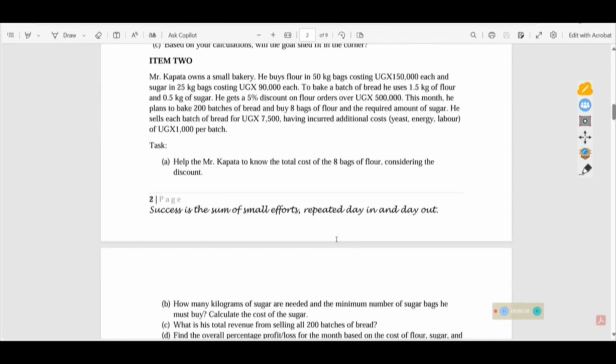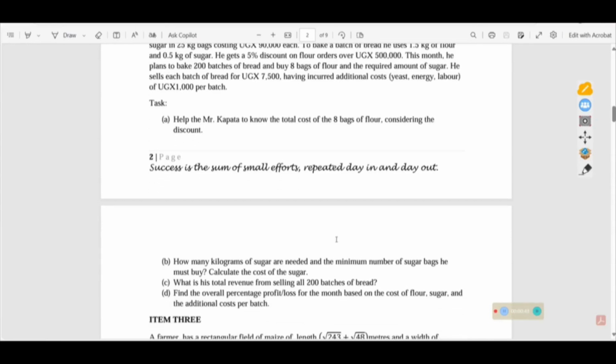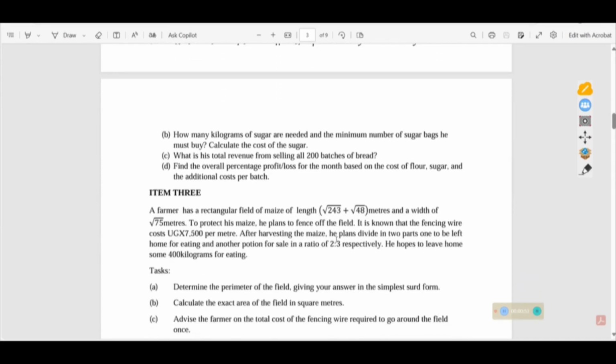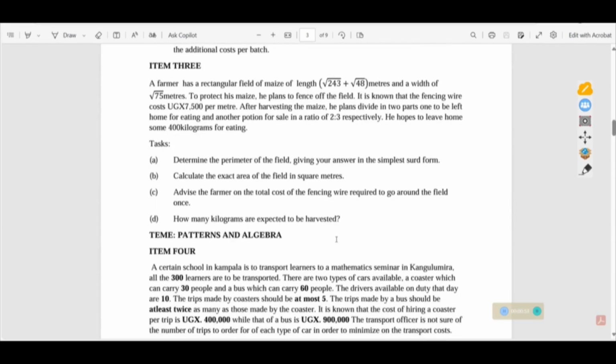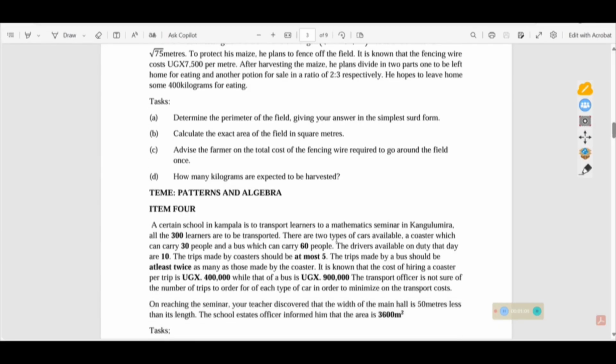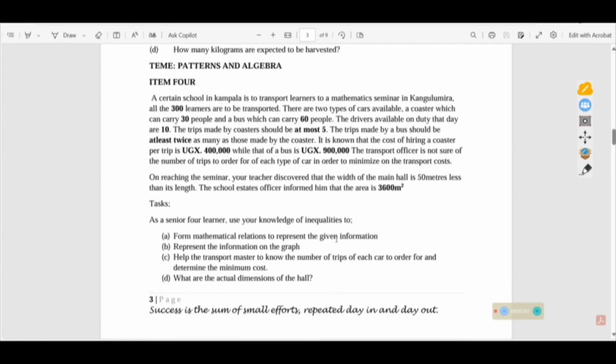This is item number 2. This is item number 3. Item number 4 is about patterns and algebra.